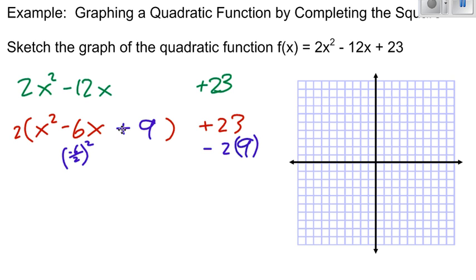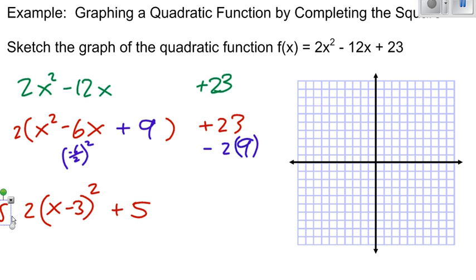So now we can factor in the parentheses. That is a perfect square. x, numbers that multiply to be 9 and add to be negative 6, so x minus 3, negative 3 times negative 3. So squared, with the 2 out front. And this would be 23 minus 18, which is 5.